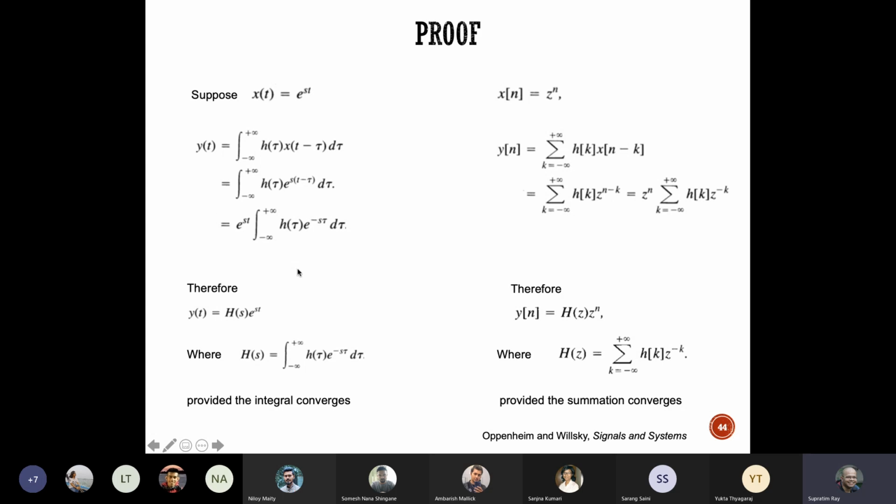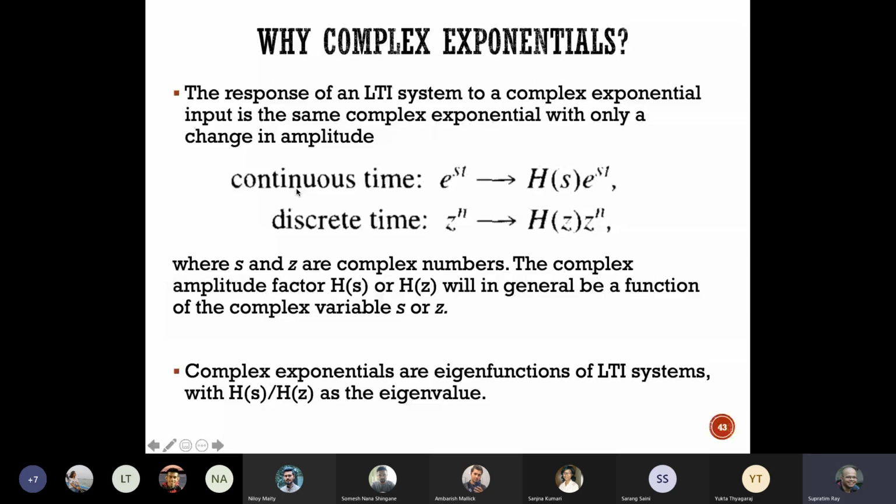Fourier analysis is actually a sort of subset of the Laplace transform, but Fourier analysis is so popular that that is what people eventually focus on. And we'll see the reasons why that is the case. But in general, this holds for any type of complex exponential. It doesn't have to be e to the power j omega t. It is true for any e to the power st, okay, where s and z are complex numbers.